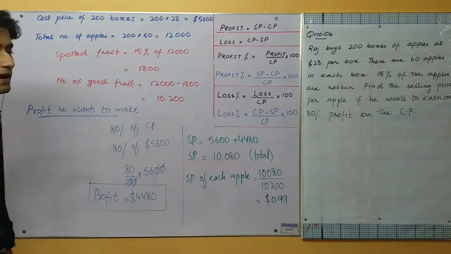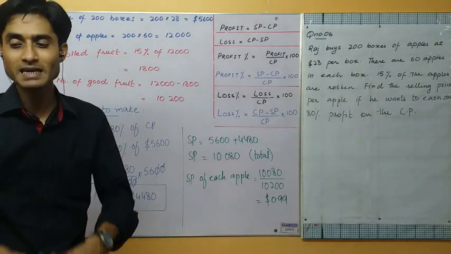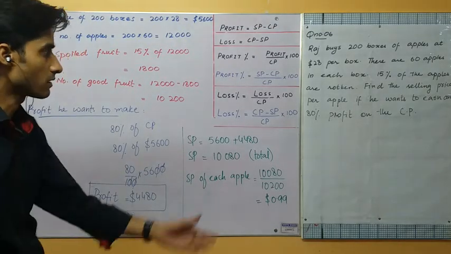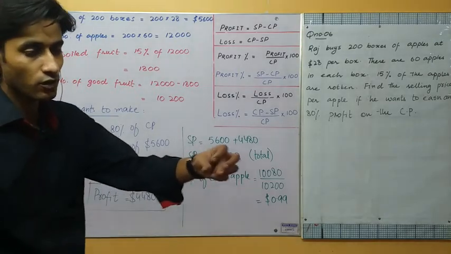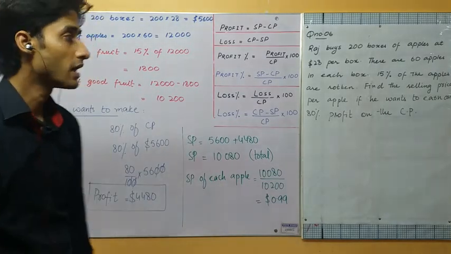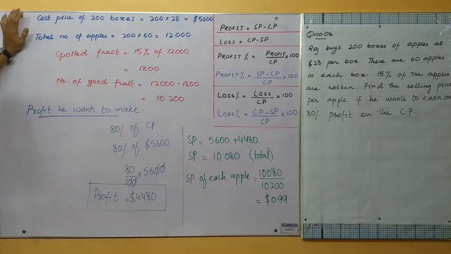So I'll have to find out the total amount that he has paid and the total number of apples that he has available to be sold, not the ones that he has just purchased, because 15% of those apples are rotten, are spoiled, they cannot be sold again. So first of all, I'll find out the total amount that he has spent.